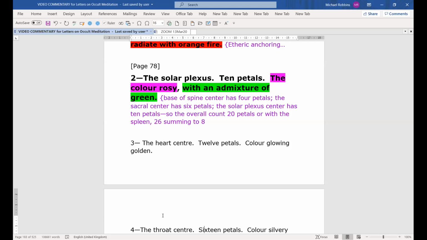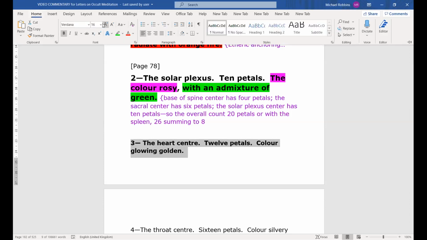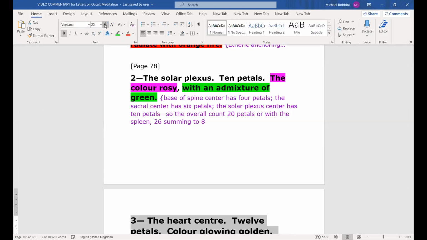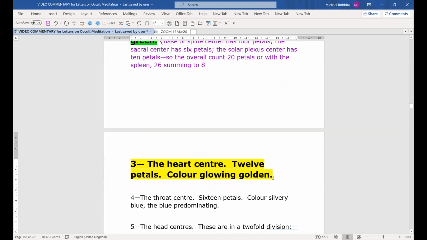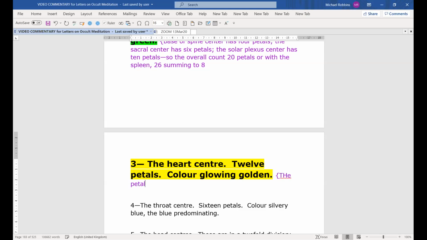It has the 1 and it has the 2, and that is fitting because the petals in this center have both the 1 and the 2.